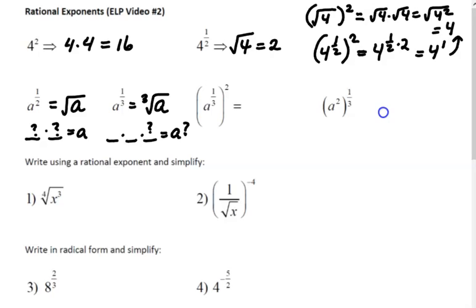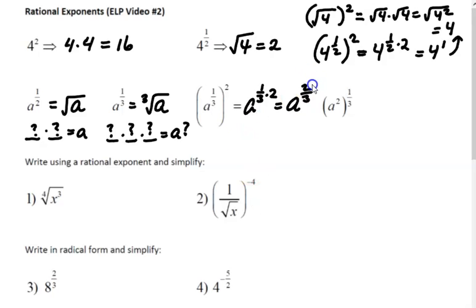In other words, what would I have to multiply times itself 3 times to give me a? Now, if we do a to the 1/3 squared, that is a to the 1/3 times 2 power, which is a to the 2/3 power.